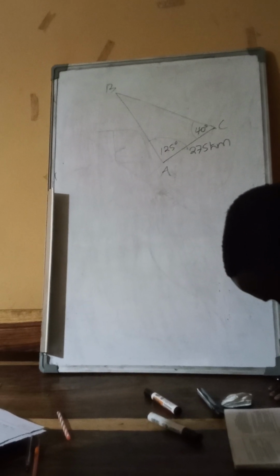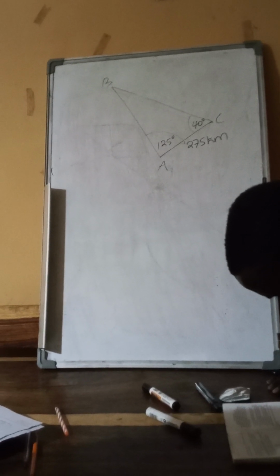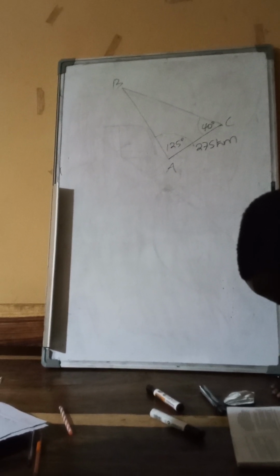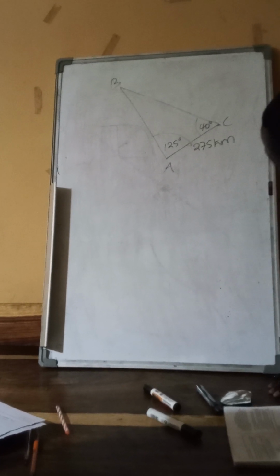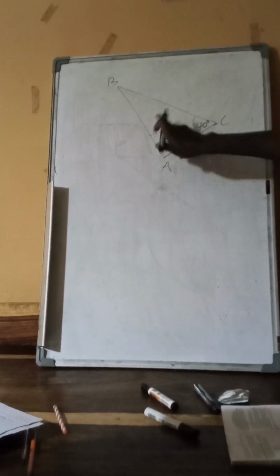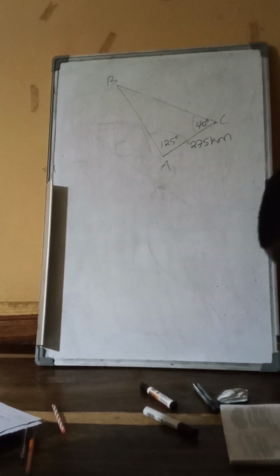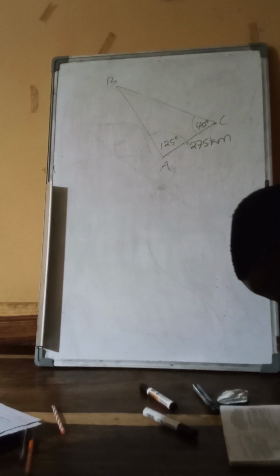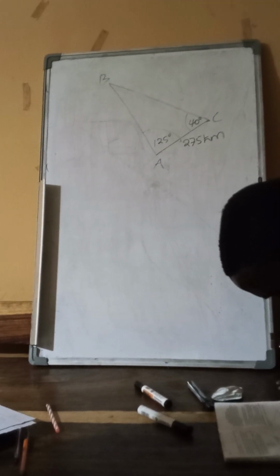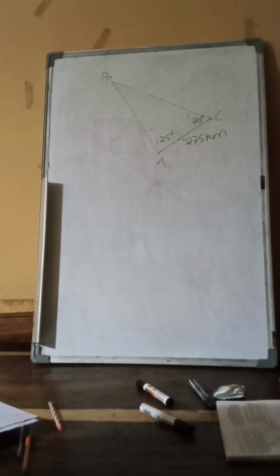So the question says in the diagram, in the triangle ABC below, AC is equal to 275 kilometers, angle BAC is equal to 155 degrees, the angle in between, and angle ACB was 40 degrees.